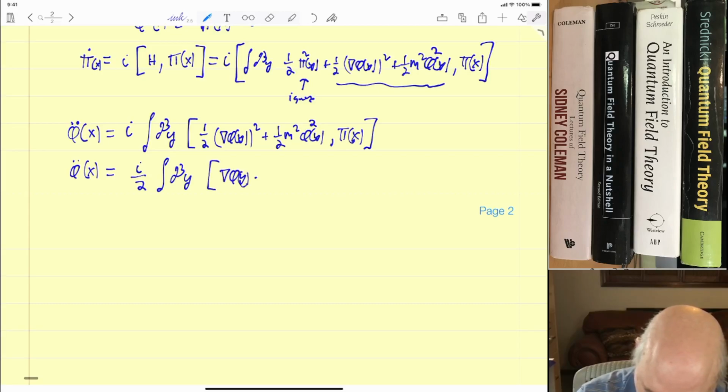This is, after all, I'm not putting vectors on top of the dels, but they're there.